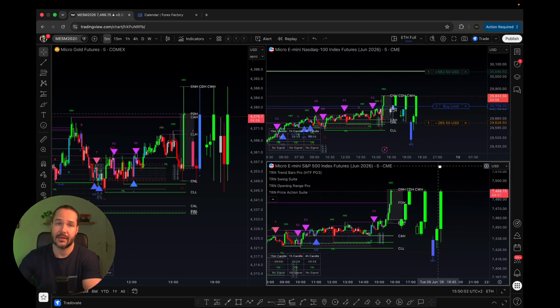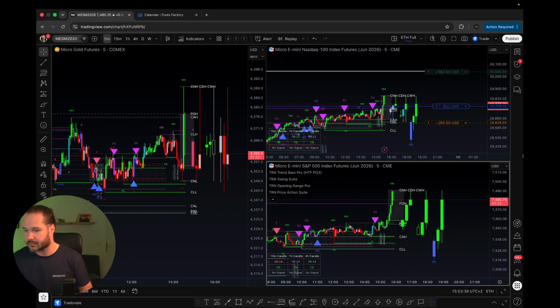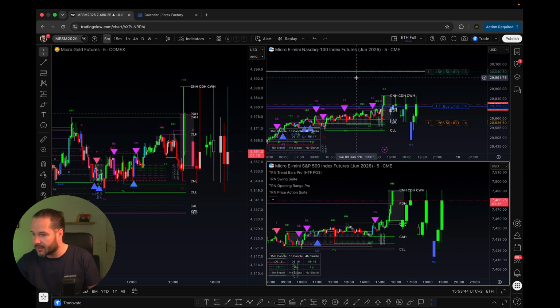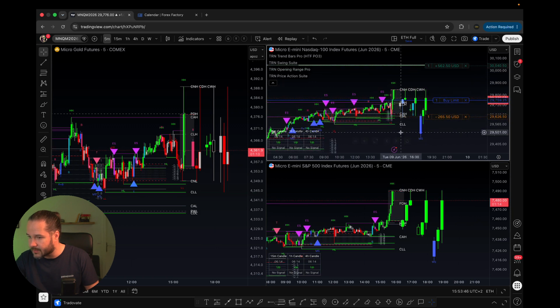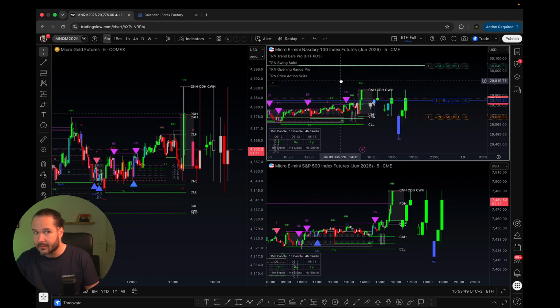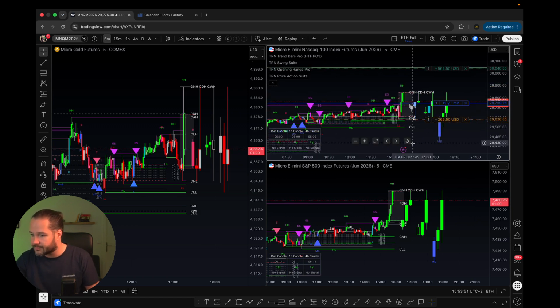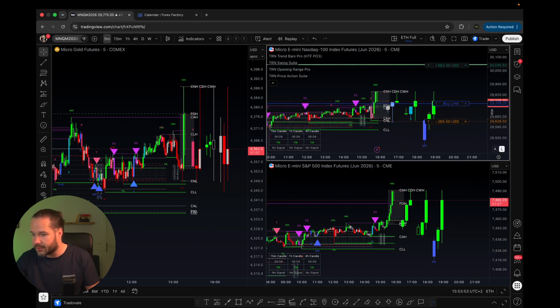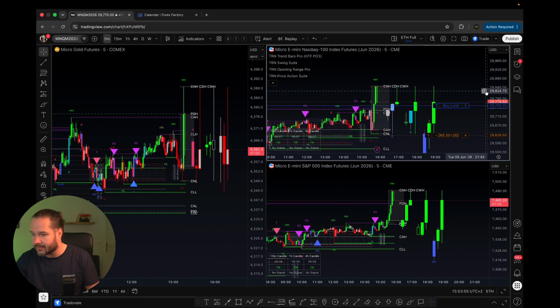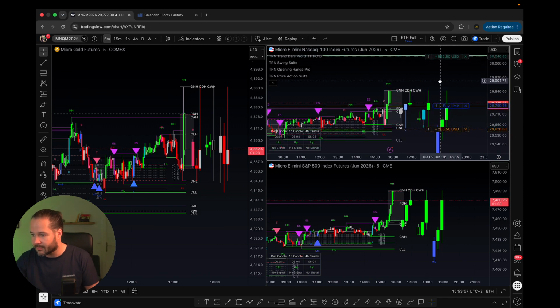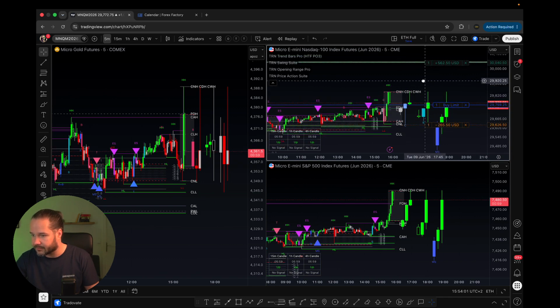Okay, let's see, guys. So looks like we're getting the little pullback here. Not far from my limit order. I would still be comfortable in this setup if I get the entry now.